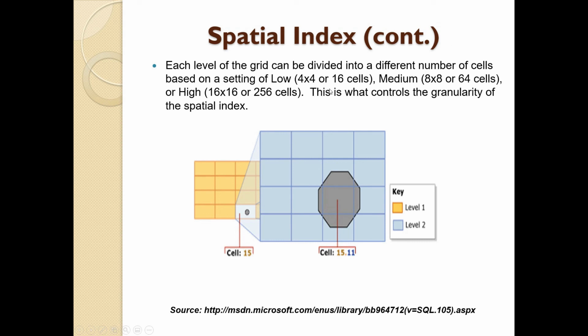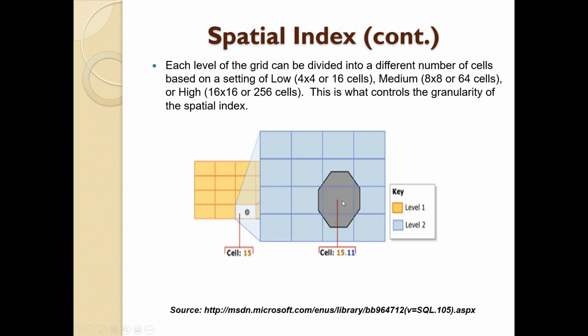you can choose whether you want to be low, like 4x4, like the one in this illustration is, or medium, 8x8, or a total of 64 cells, or a 16x16 layer, which is the high. So that gets very granular. And you can see here, this cell is cell 15 in level 1, and that's further subdivided in 4x4 here.